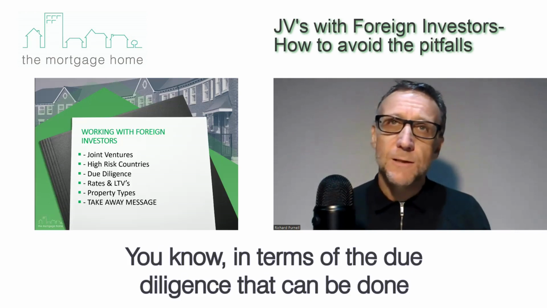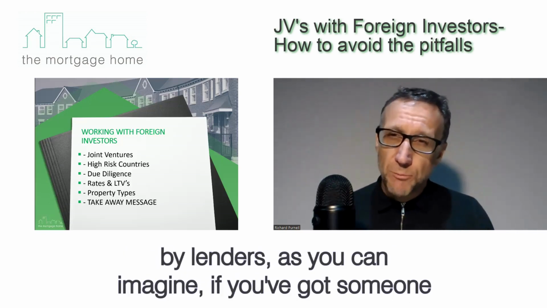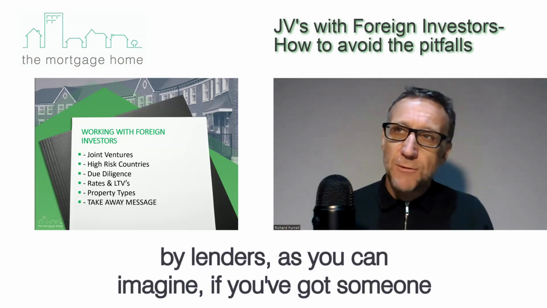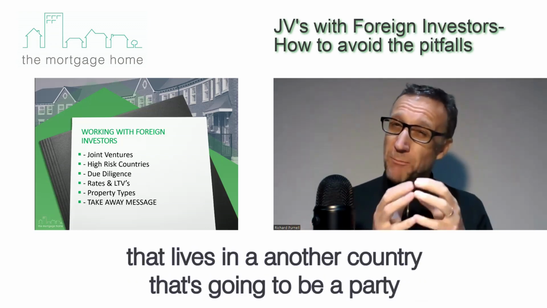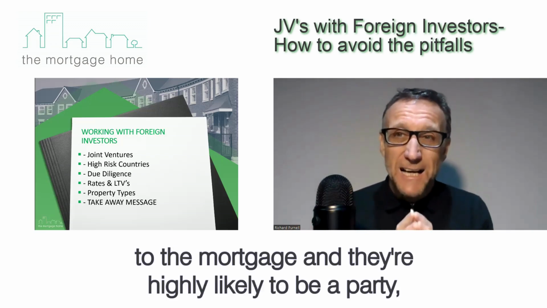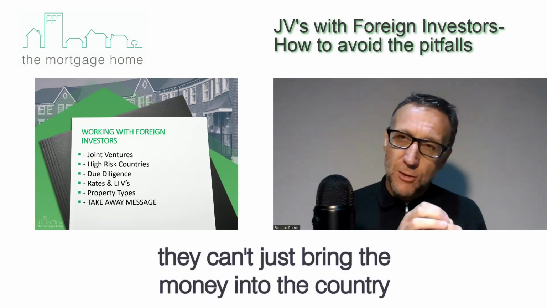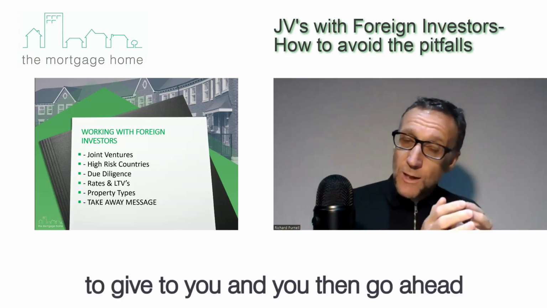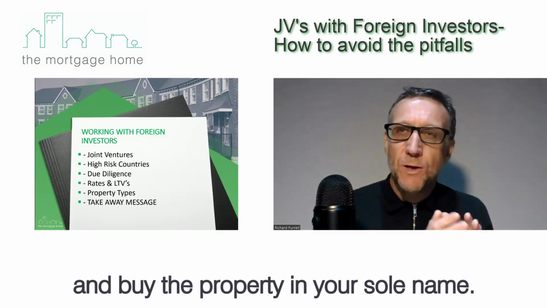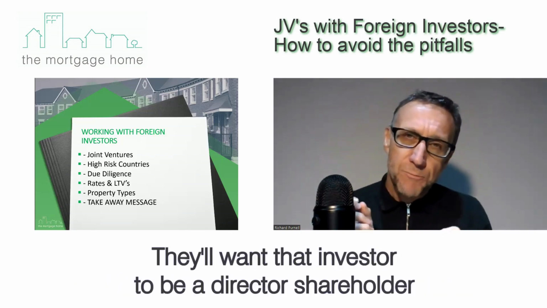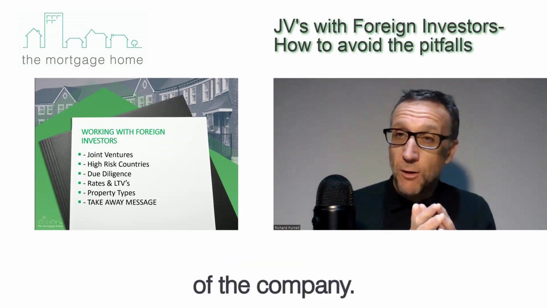In terms of the due diligence that can be done by lenders, as you can imagine, if you've got someone that lives in another country who's going to be a party to the mortgage, and they're highly likely to be a party, they can't just bring the money into the country to give to you and you then go ahead and buy the property in your sole name. They'll want that investor to be a director and shareholder of the company.